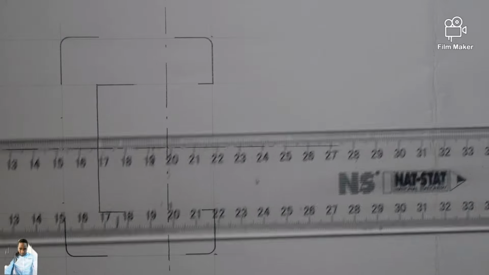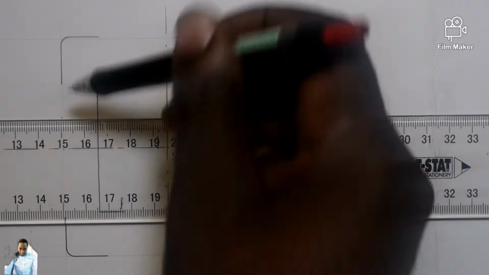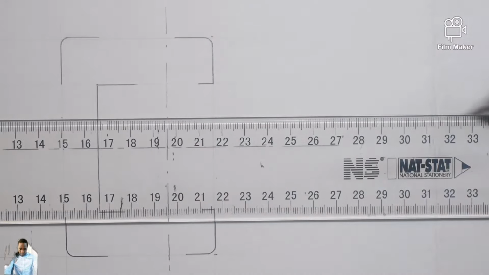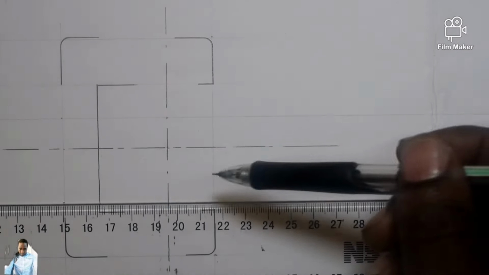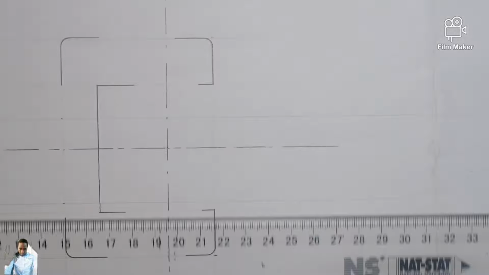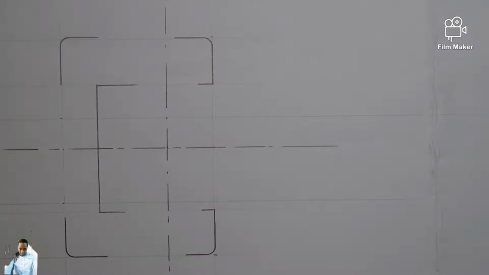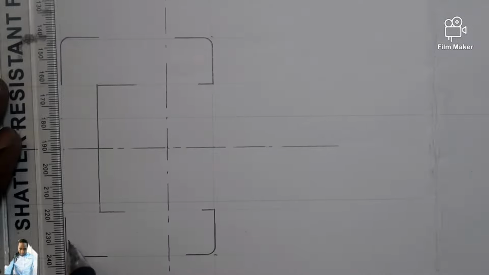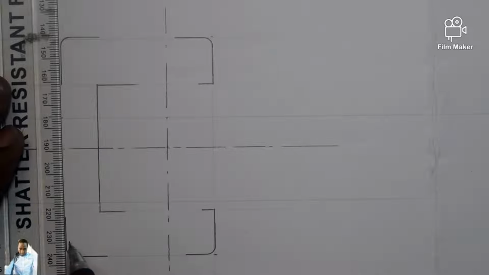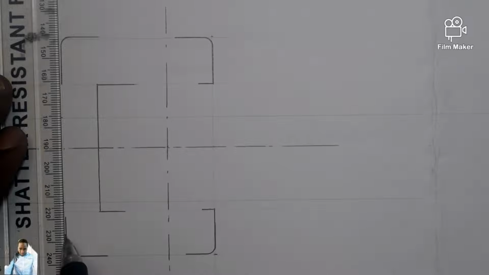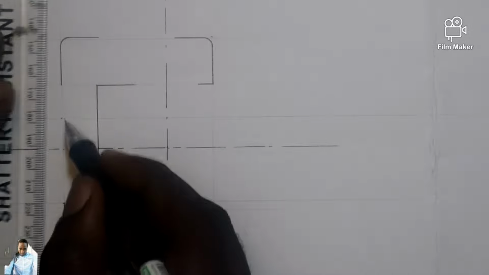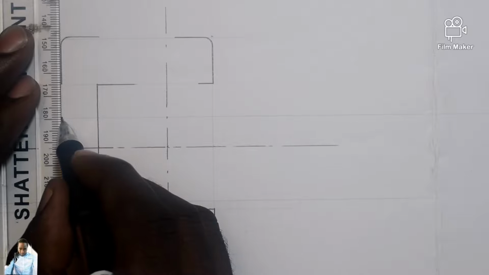You understand? So I project this, faint going to the side, faint coming to the side. So now I can extend this line of mine dark till here. You understand? Dark till here, and even this one dark till here.